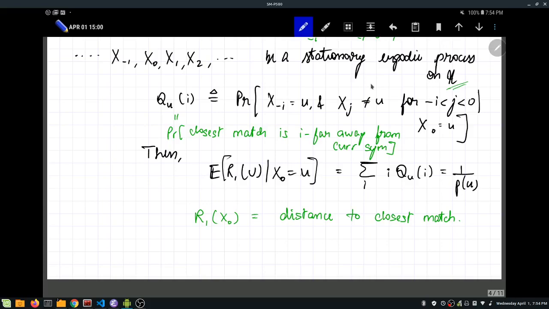If we know what the distance to the closest match is, then we can analyze the performance of Lempel-Ziv.